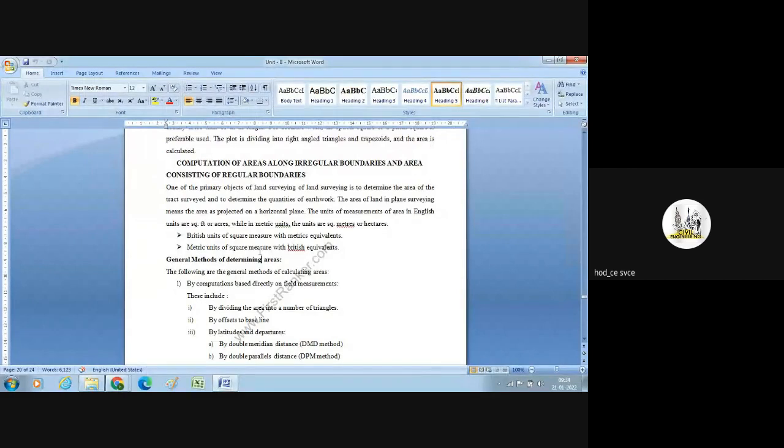That means rectangle, parallelogram, triangle, and if there are curves, we can go for circles, right? In case of rhombus, whatever it may be. But coming to here, in most cases it will be triangle and trapezium.